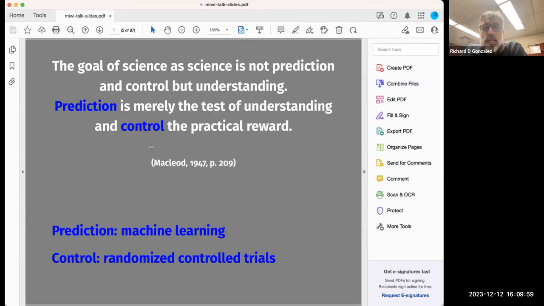Similarly, when we think about data science and statistics, we tend to focus on very different aspects of the problem that aren't necessarily understanding. So as you'll see in today's gentle introduction, data science tends to give more weight and attention to prediction at the expense of understanding.